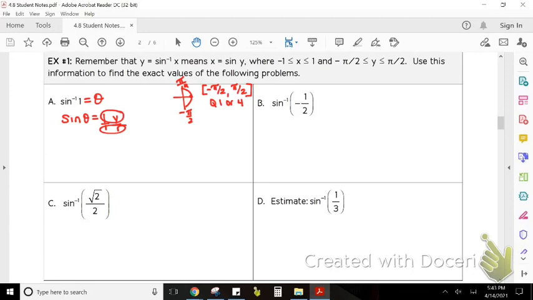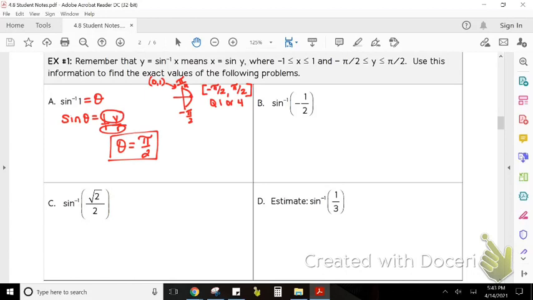Remember, you're only looking between -π/2 and +π/2. If you look at the very top of your unit circle, you'll notice it has the ordered pair 0, 1. That's where our y is 1. That's where sine is going to be 1. And so our answer, in radians, is going to be π/2.